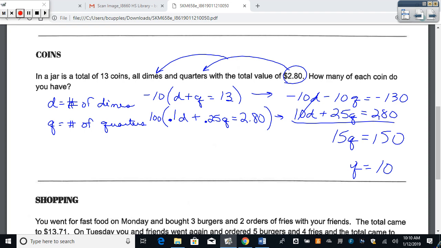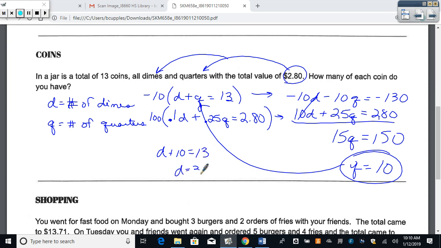Now, if I have 10 quarters, I'm going to plug that right back in right there. And I know that the number of dimes is going to be 3, okay? So as I think about that, if you have 3 dimes, you have 30 cents. 30 cents, okay?